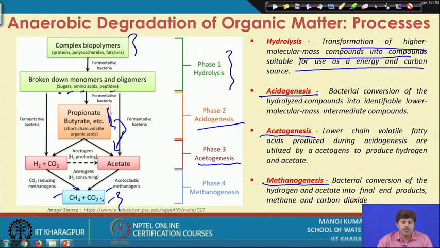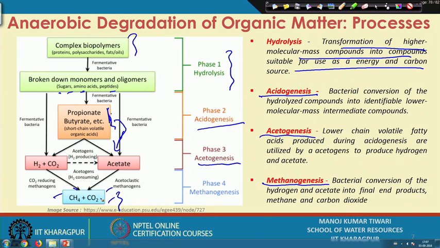Then there are primarily two groups of methanogens, the acetoclastic and hydrogenotrophic methanogens. Hydrogenotrophic methanogens reduce hydrogen and carbon dioxide into methane, and acetoclastic methanogens convert acetate into methane. That way, methane is produced from the complex biopolymers.